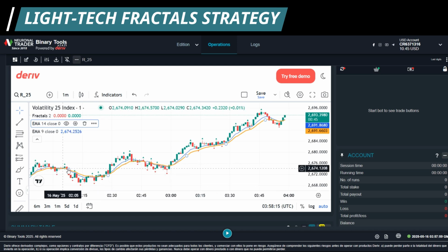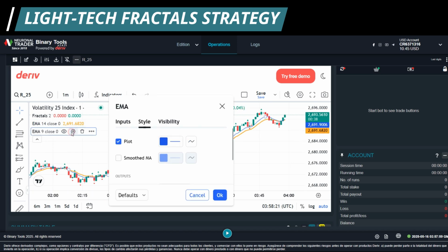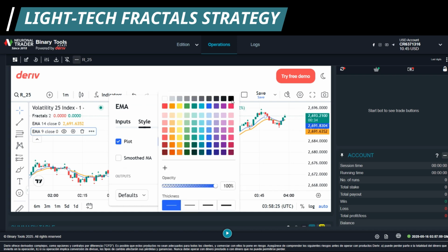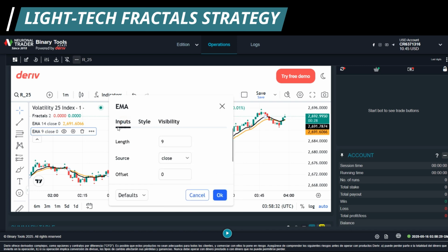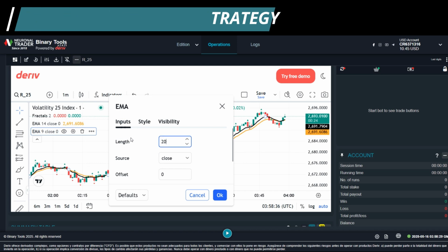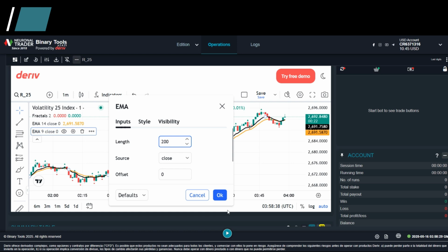As you can see, this is our line for the 14 moving average. So now let's go to the other moving average, and then we can click on settings. The color, you can change it to black or any color you like. Then increase the style here, come to input, and then put moving average 200. Okay, 200, then click OK.